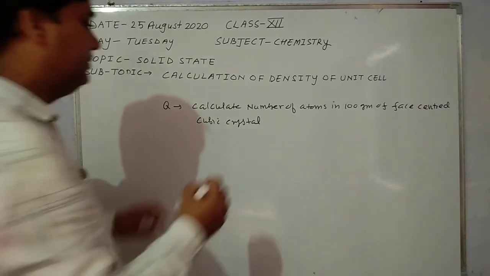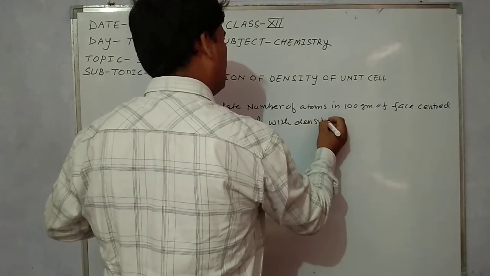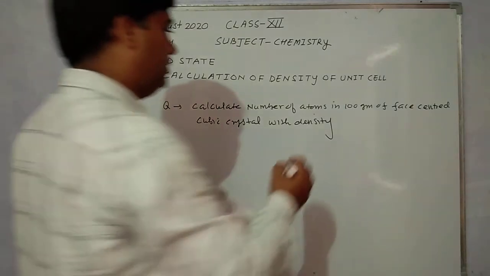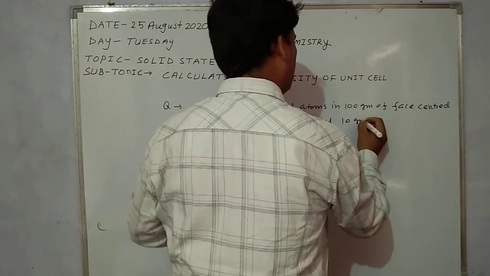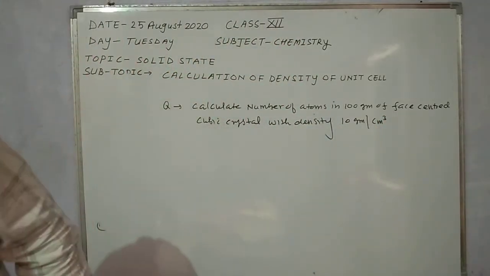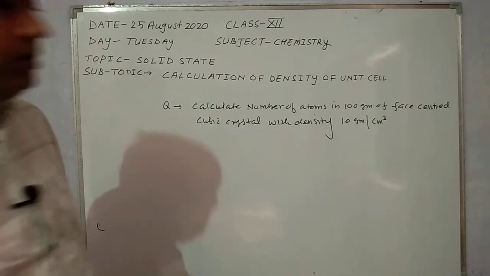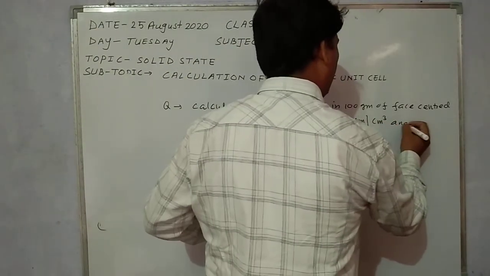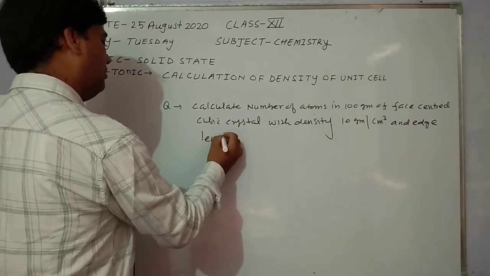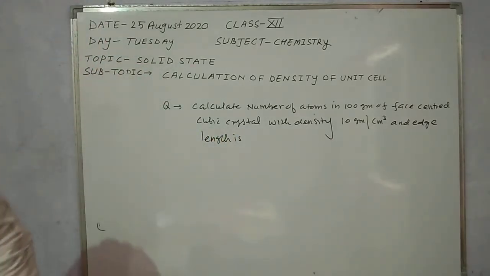with density 10 gram per centimeter cube and edge length 100 picometer.